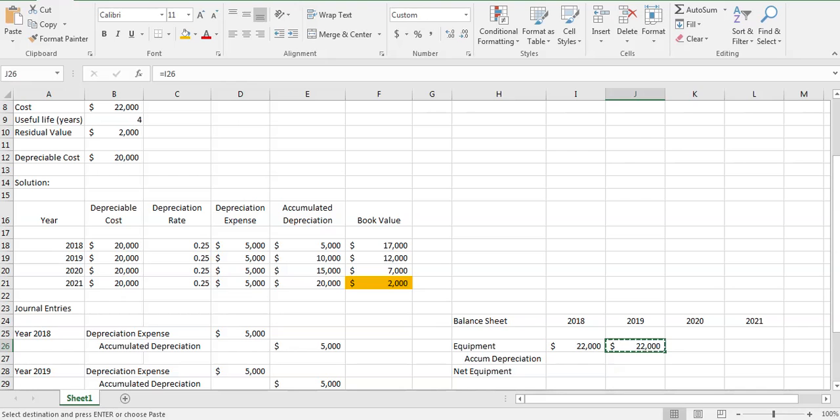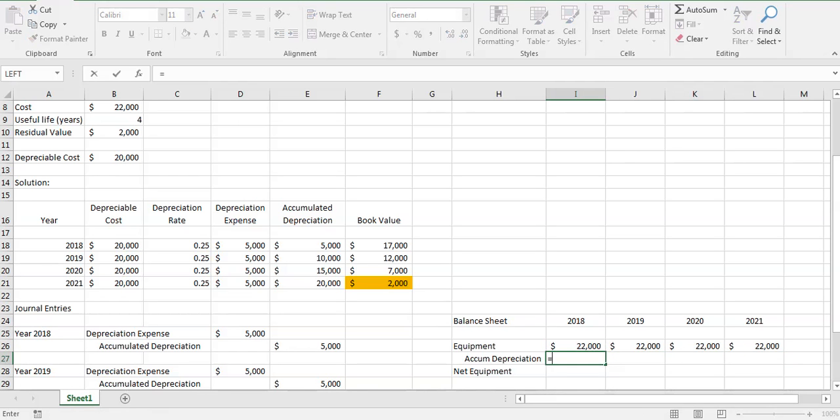The cost will be the same. The equipment cost is 22,000, so we will have the 22,000 for equipment for every year, and the accumulated depreciation will be an incremental value up to the depreciable cost of 20,000.